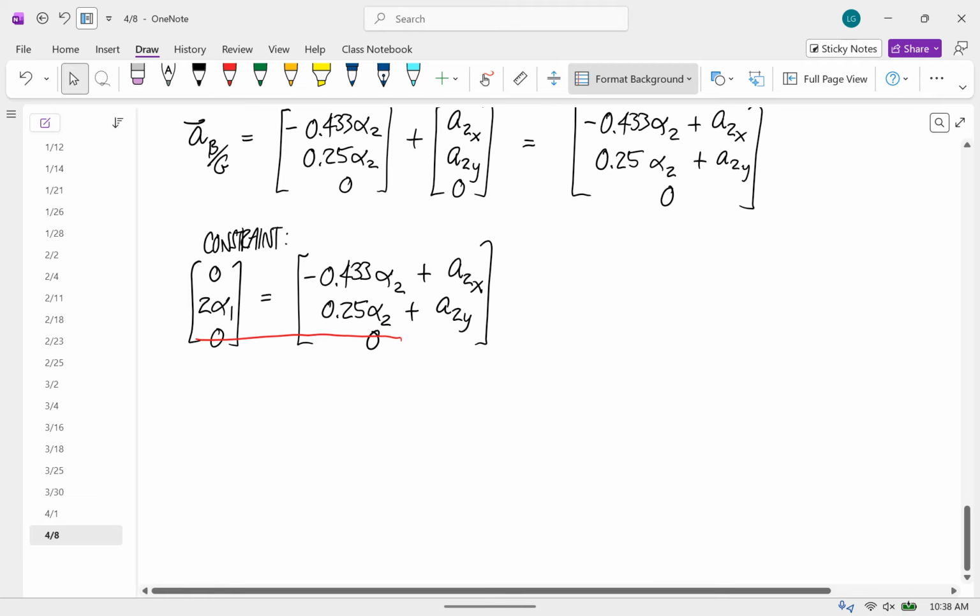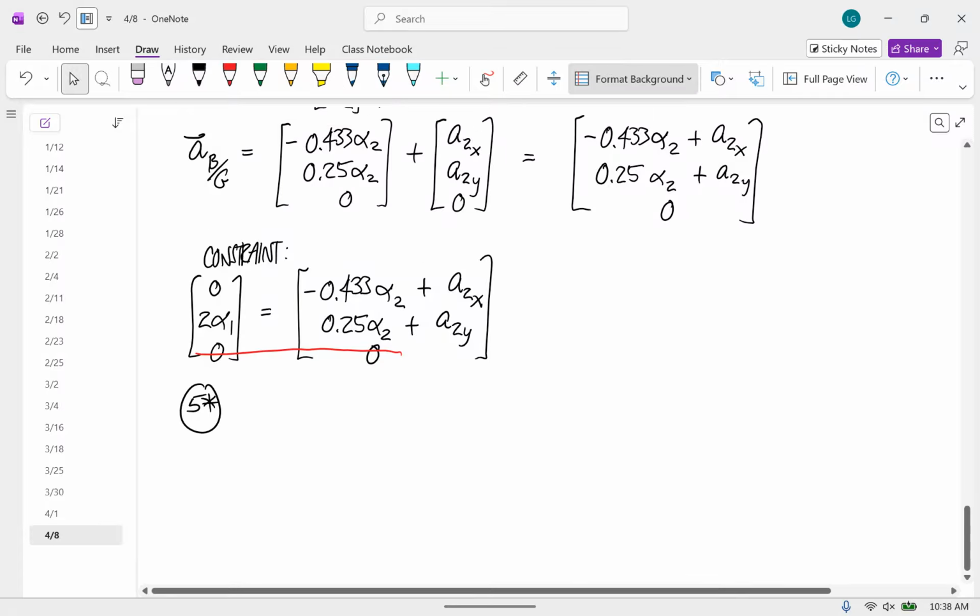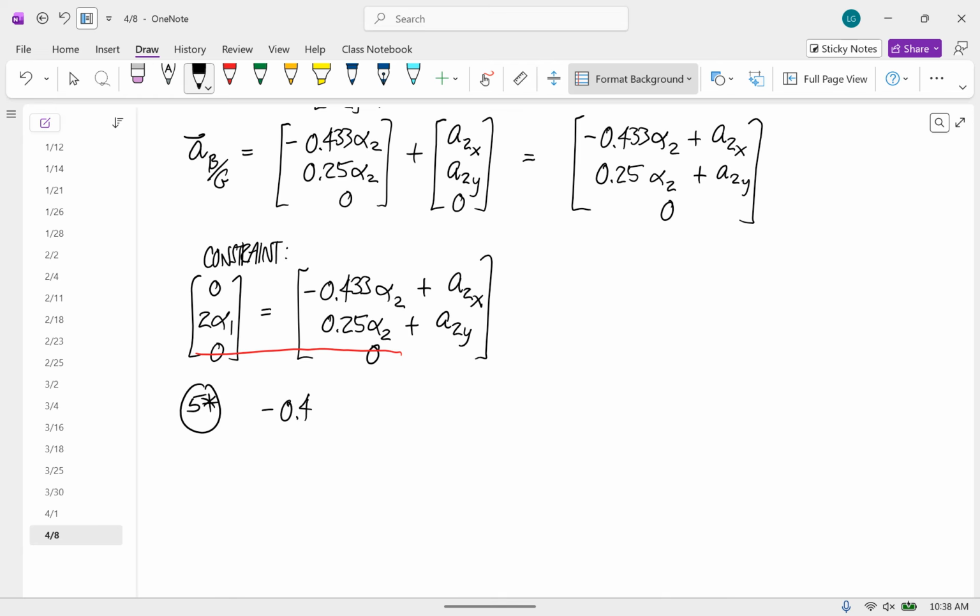So our equation, what are we on? Equation 5 star, finally, is 0 is equal to this. And I'll write that as negative 0.433 alpha 2 plus a2x is equal to 0.